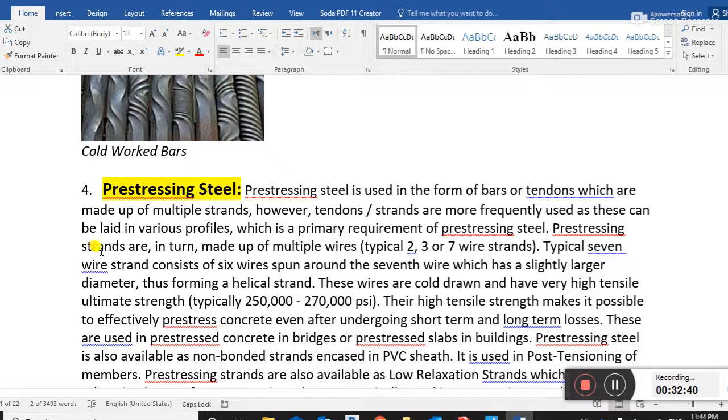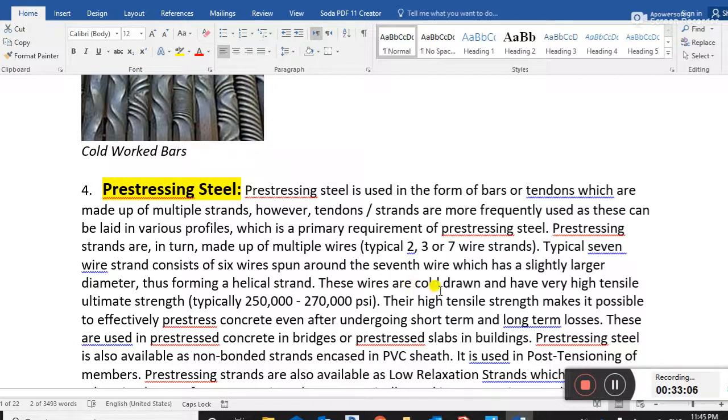Pre-stressing steel strands are made of multiple wires, typically 2, 3 or 7 wire strands. Typically a 7 wire strand consists of 6 wires spun around a seventh wire, which has a slightly larger diameter, thus forming a helical strand.